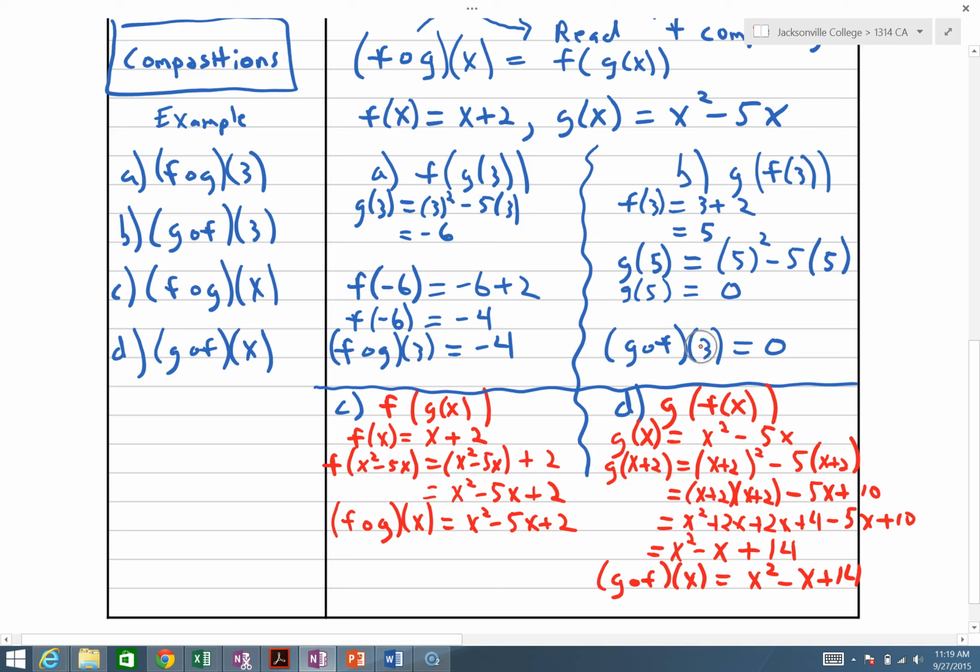We know G compose f of 3 is 0, so I should be able to take 3 and substitute it in here and it pair with 0. However, it does not. And that's disheartening, isn't it? It does not. I'm able to check this arithmetic now.